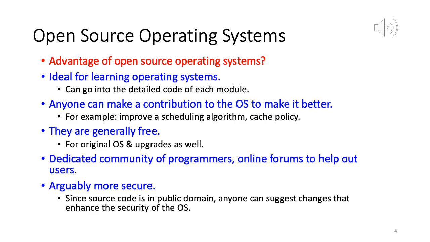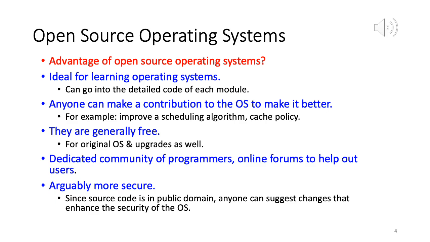Anyone can make a contribution to the OS to make it better. We talked about that: improving a scheduling algorithm, cache policy, and so on. They're generally free. Whether you download the original version of the OS or you are upgrading it, from time to time operating system manufacturers will push upgrades also.